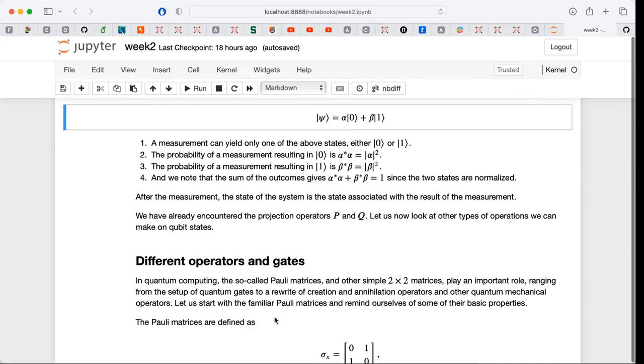So the Pauli matrices play an extremely important role in quantum computing, because that's the way we are going to realize many of the operations we perform on specific states. I'm going to switch back to the whiteboard. So let's do that.